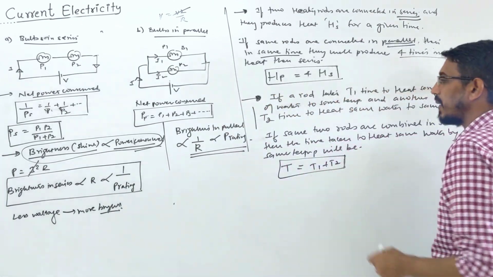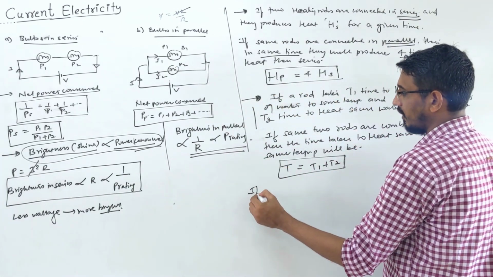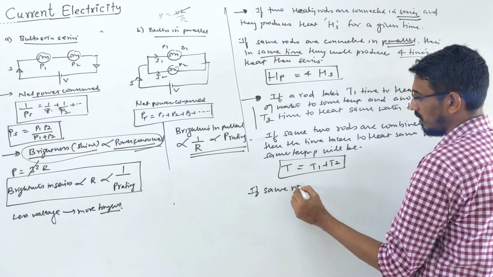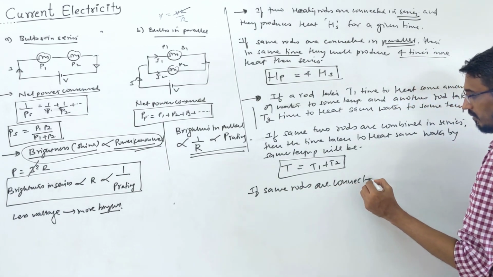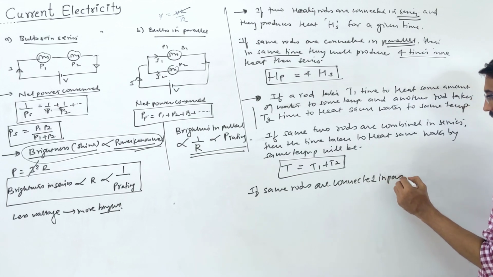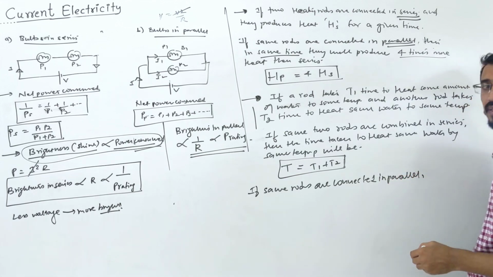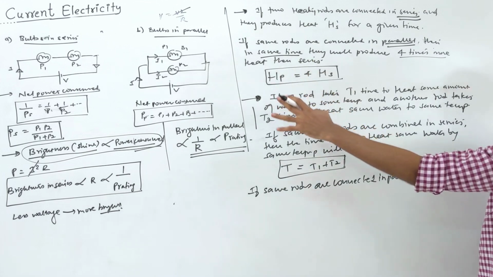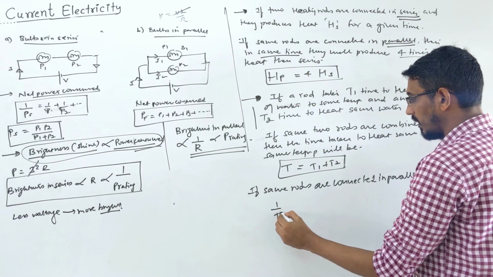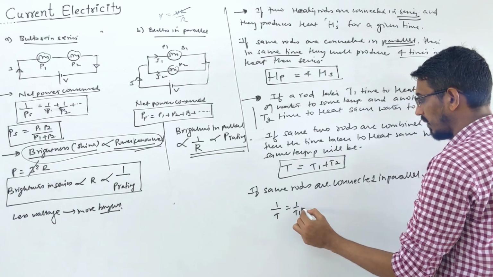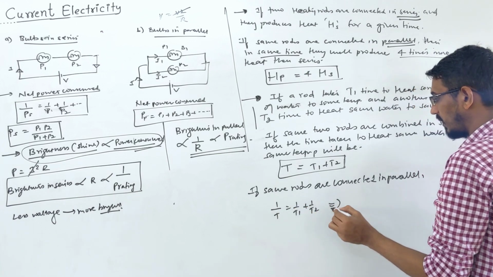But if you do it in parallel, if the same rods are connected in parallel, then how much time will it take to heat the same amount of water by the same temperature? Then 1 by T will be 1 by T1 plus 1 by T2. Now they will take less time.